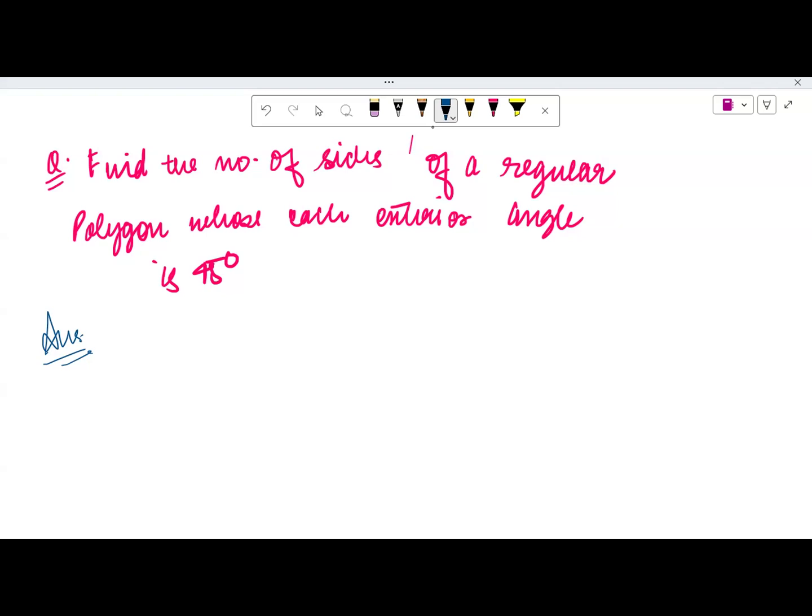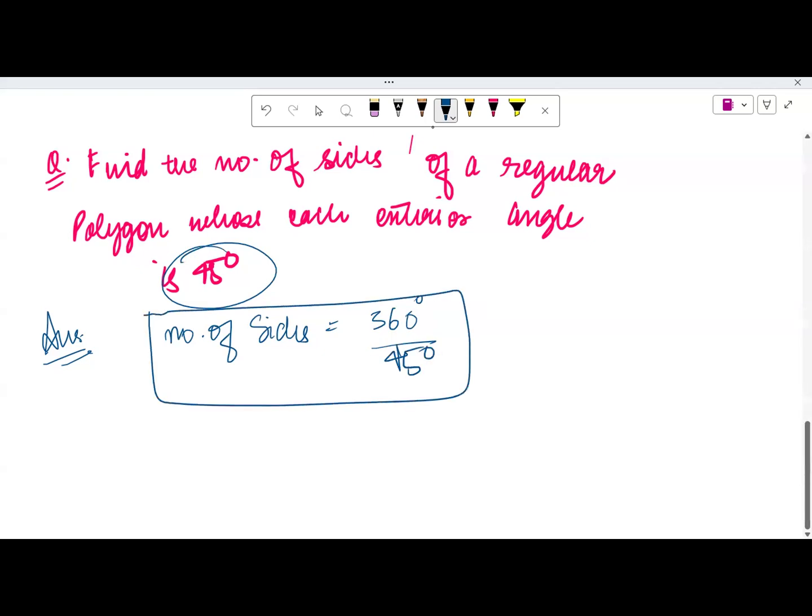Ma'am, is it 45 divided by 360? See, whenever you have to calculate the number of sides, you have to divide 360 degrees by the given angle, 45 degrees. So this will give you the number of sides. Okay, ma'am.